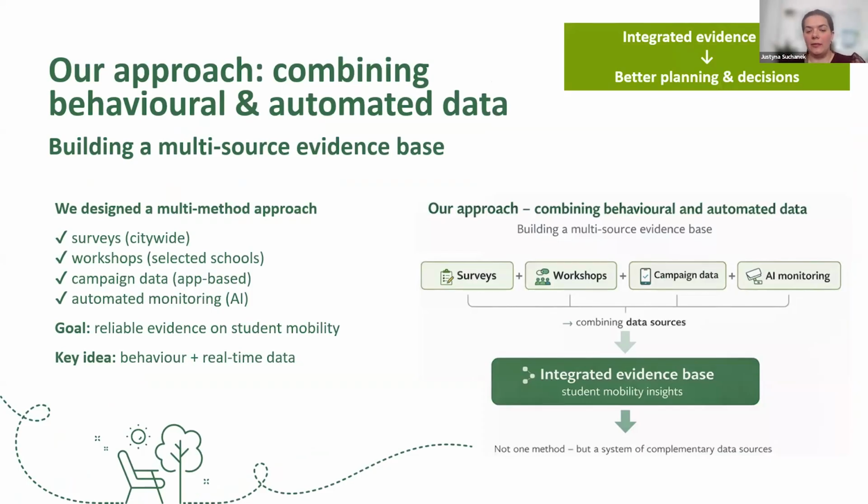Instead of choosing one method, we combine several methods. We use citywide surveys. We've had workshops in selected schools, interviews with some students, campaign data from an app. We've had the Active Cities app, the special app for collecting the trips, and also the automated monitoring using AI camera.